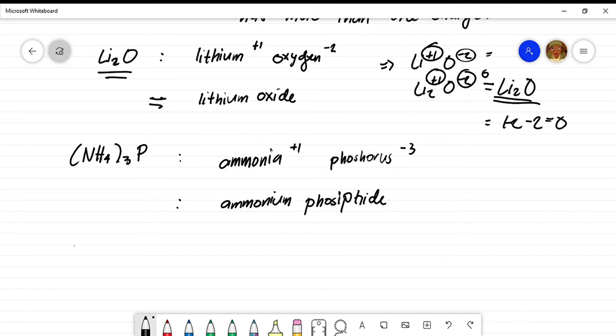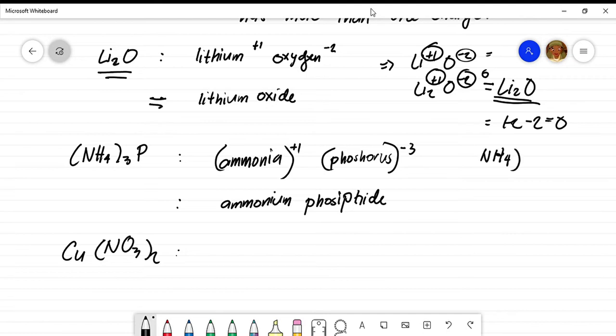So another is copper, Cu(NO3)2. But let's just go back a little here. We have ammonium, NH4, which is +1 positively charged, and the same thing happens as before.